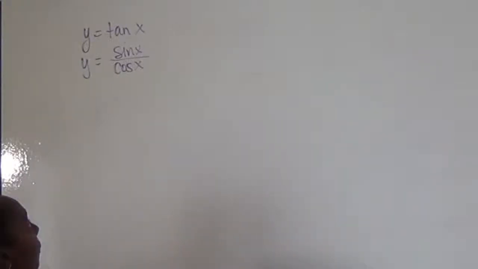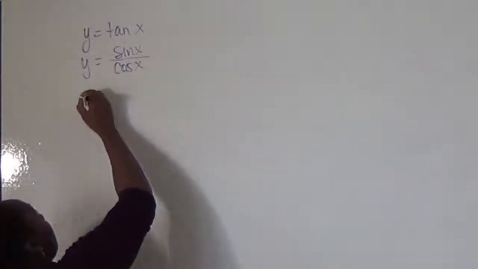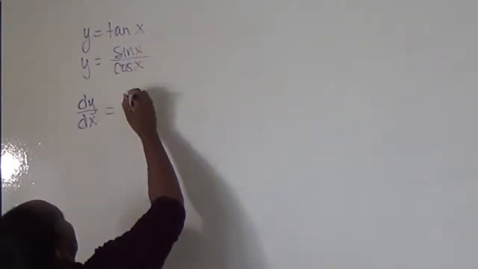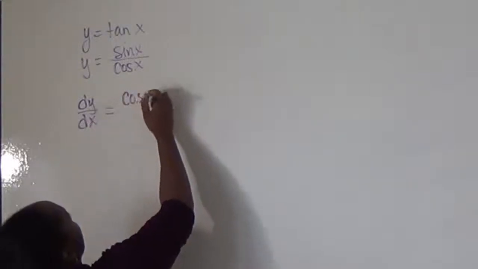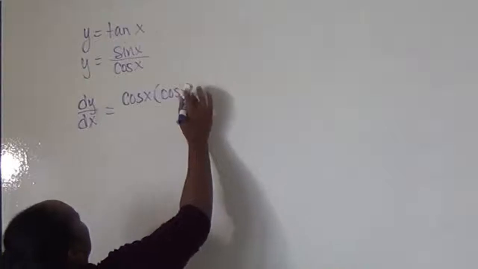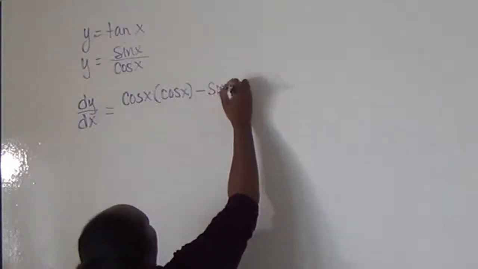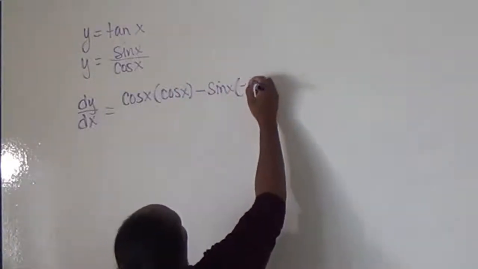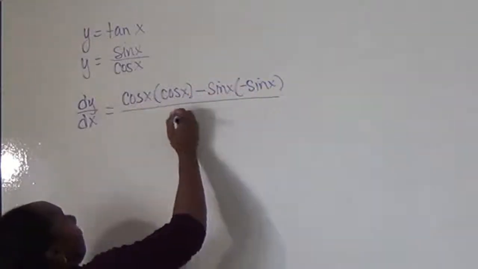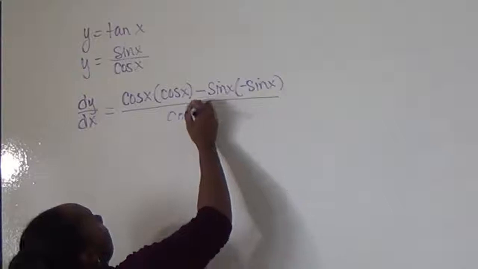Here again, if we use our quotient rule, we can see that dy dx, just to give you a slightly different notation, derivative of the top, which was cosine x, times the bottom, minus the top times the derivative of the bottom, all divided by our bottom squared.